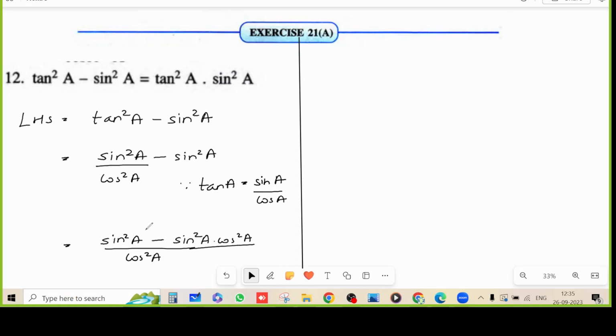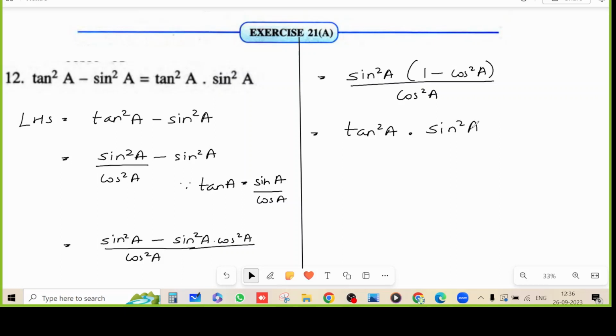Now we will take sine square A as common. So we are left with 1 minus cos square A in the numerator. Now we know that sine A divided by cos A is equal to tan A. So this will become tan square A. And we know that 1 minus cos square A is equal to sine square A by the trigonometric identity.